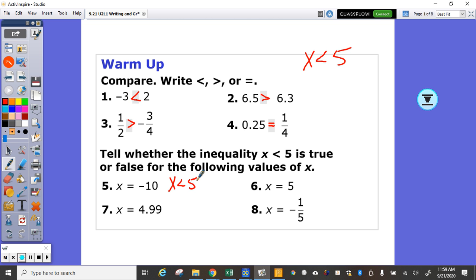Number 6. True or false? False. Why? Because it equals. If this had said less than or equal to, then that would have been different. We could have gone ahead and used it for this one, but we can't. True or false?